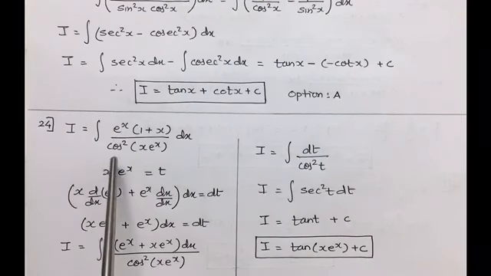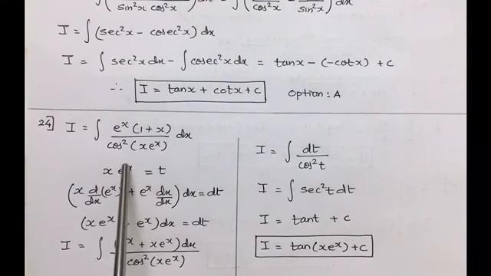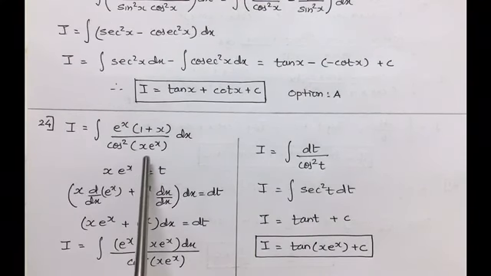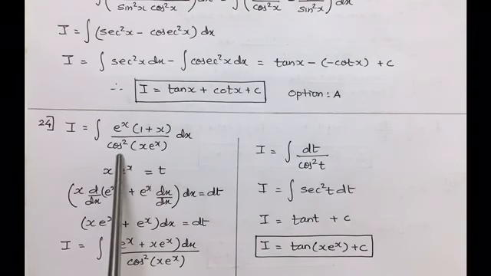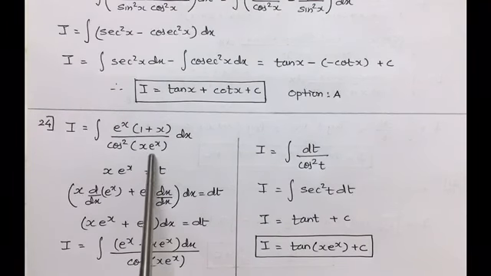integration e raised to x, 1 plus x divided by cos square x e raised to x, dx. Now here you will find that inside cos square x, e raised to x is there, and there is no direct integration to solve this type of example.